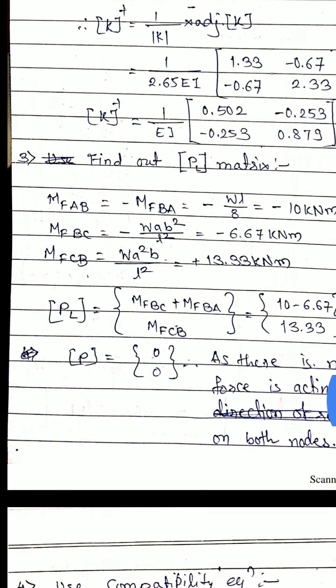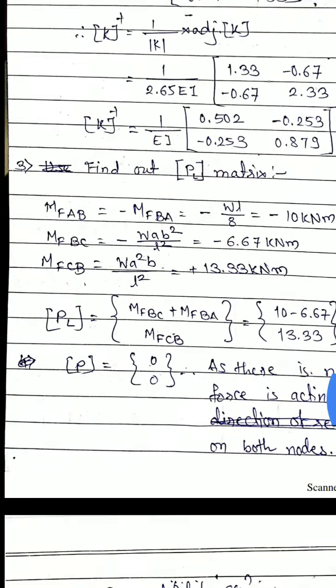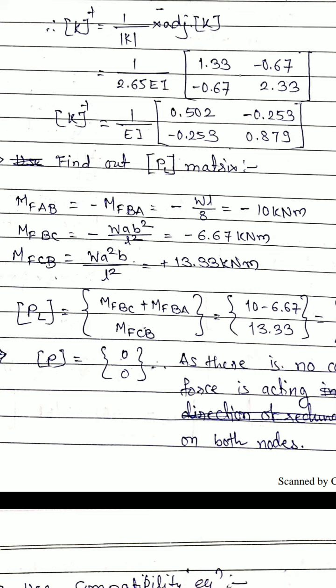So the PL matrix is nothing but, once again, the moment produced at the nodes, because it's a column matrix. So you will have only two elements as a column matrix. Which two elements? First we have decided on two nodes only, B and C. For joint B, what are the fixed end moments? You have to take the algebraic sum of these two values.